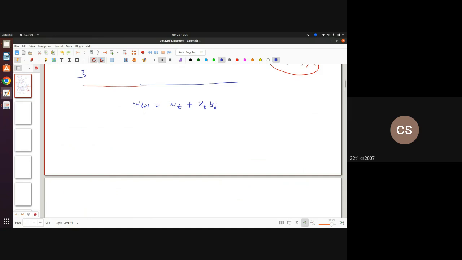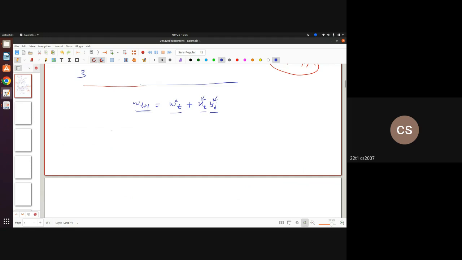In each iteration, we check whether a given data point is being predicted correctly by our W or not. If it is being correctly predicted, we are fine and move on to the next data point. If it is not being correctly predicted, we update the value of W with this update rule. The new W will be equal to the old W plus xt into yt, where xt is the data point on which the mistake happened and yt is the actual y value. So this is the update rule.